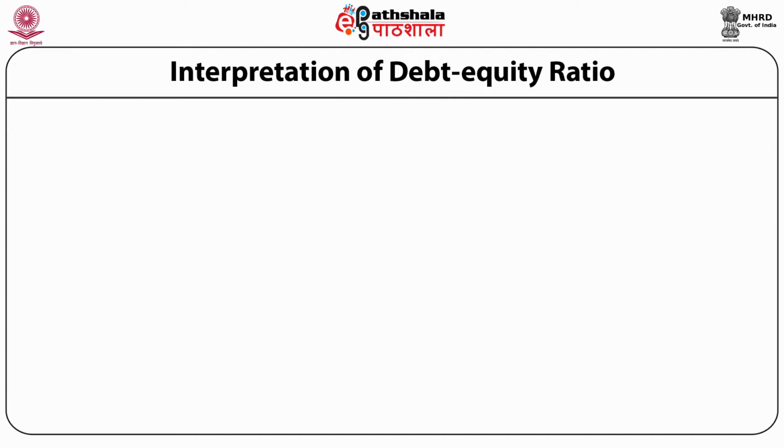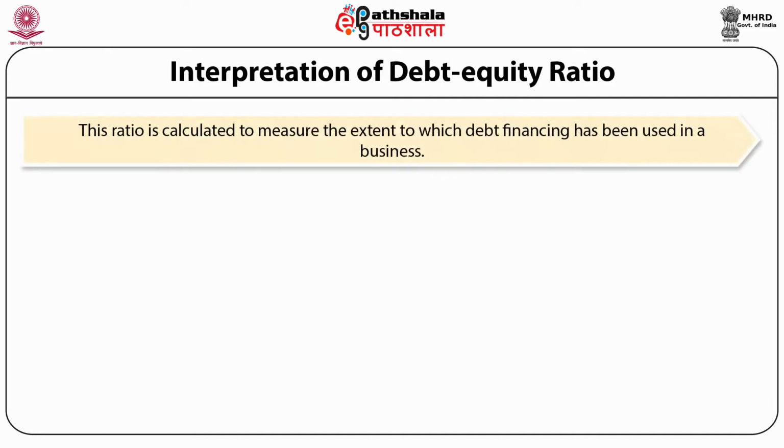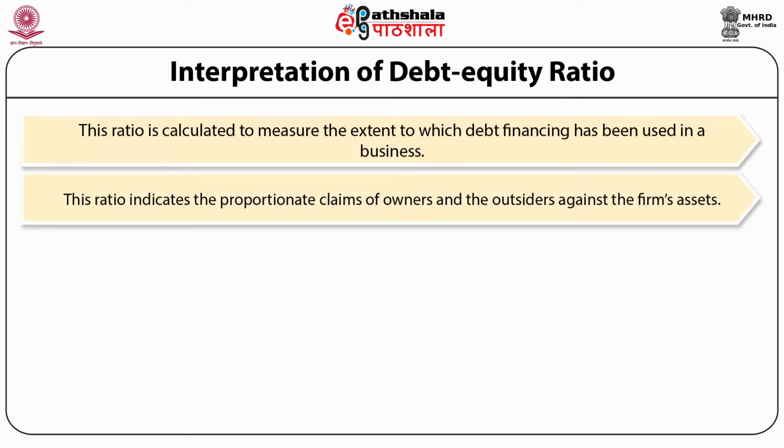Interpretation of debt-equity ratio. The debt financing used in a business can be measured with the help of this ratio. The proportionate claims of owners and the outsiders against the firm's assets can be indicated with the help of this ratio.